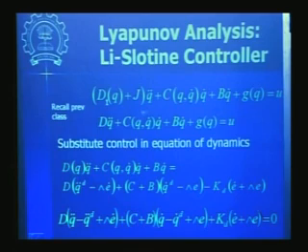So let us see the analysis with this controller. Now recall from our previous classes the equations of dynamics of the manipulator. In terms of joint variables, it was given in this form. This J is the inertia of the motor which was transferred to the joint. Okay, so this is our equation of a manipulator.